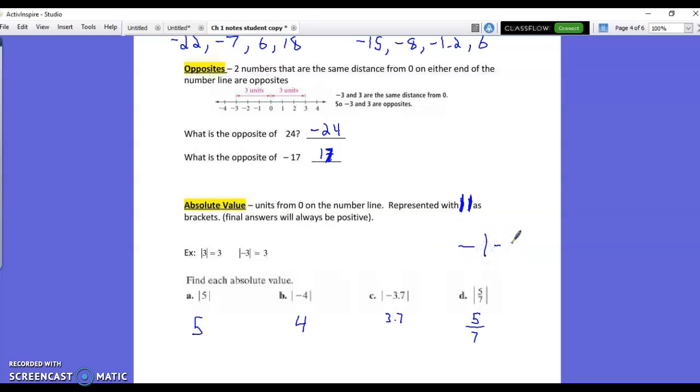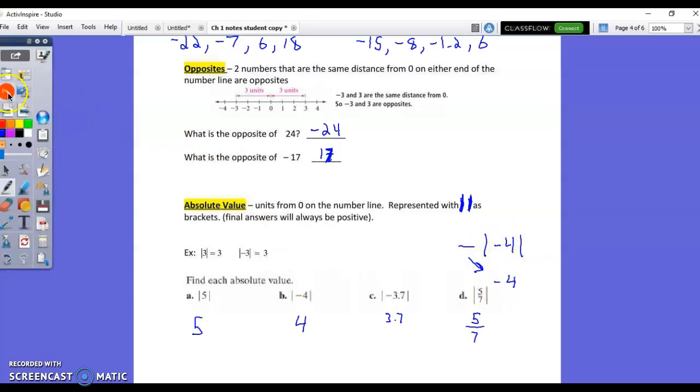Let's say I have the negative absolute value of -4. The absolute value of -4, and this is where order of operations comes in, is 4, and then the negative has to come down, so your answer would be -4. This reads as: what is the negative value of the absolute value of -4?